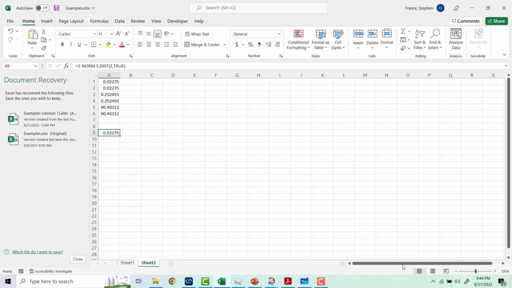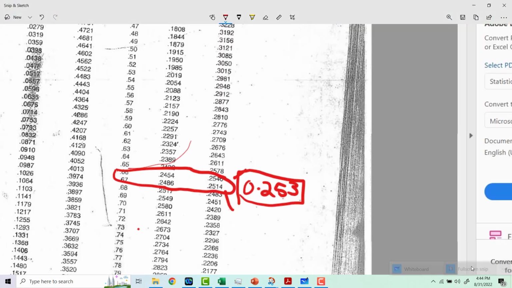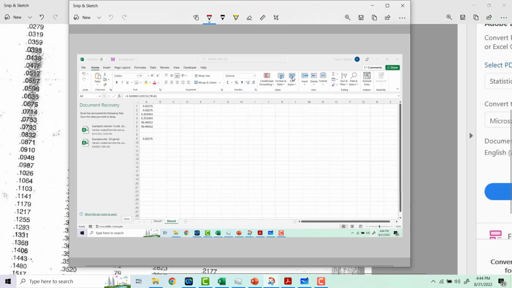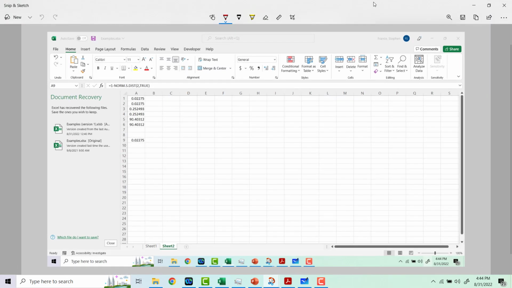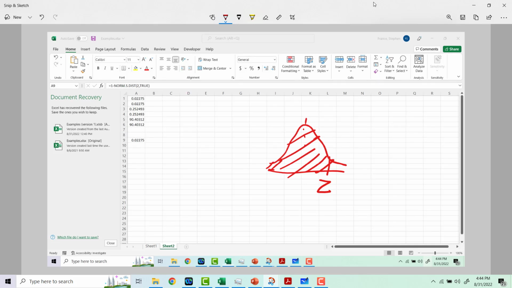Why do we have to do 1 minus? Well, that's because Excel, just to confuse you, if you have a z, Excel will always give the area to the left of the z, all the way to the edge of the distribution. It doesn't give between the midpoint and z, it gives everything to the left of the z.